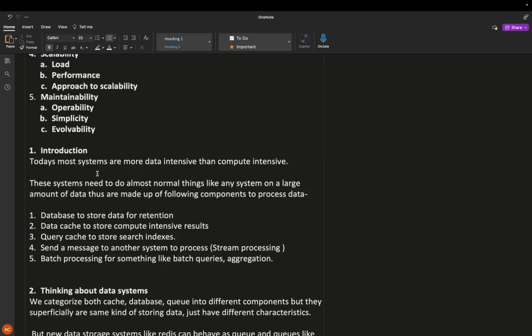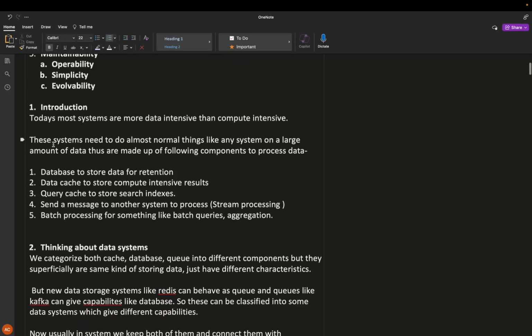So first, most systems today are data intensive rather than compute intensive. Whenever we see something like a social media app, or a web server where you order on e-commerce, the individual actions are not so data intensive, but the scale at which these actions are performed, and the data managed by each e-commerce company, say Amazon or Flipkart, is so much that most systems work on a lot of data but are not very compute intensive in that sense.